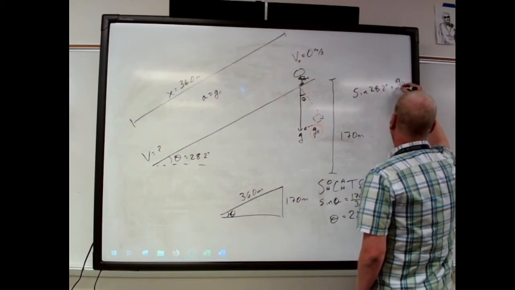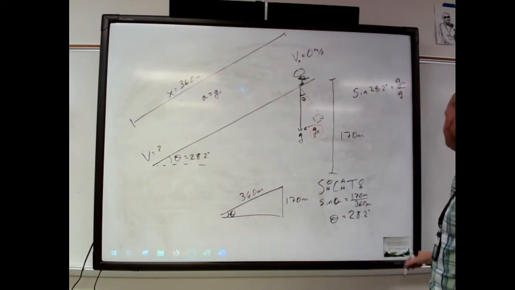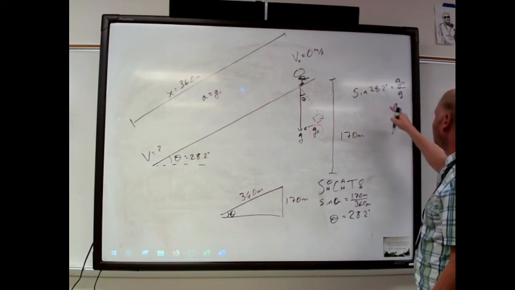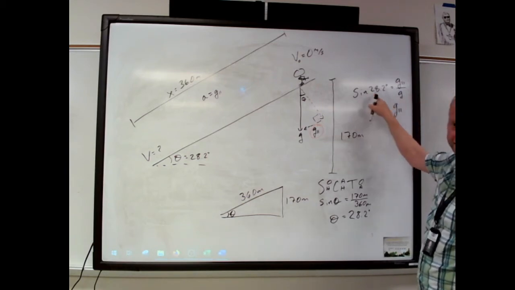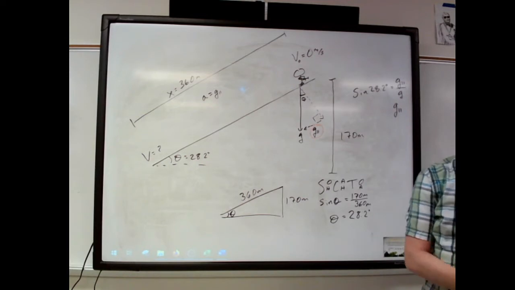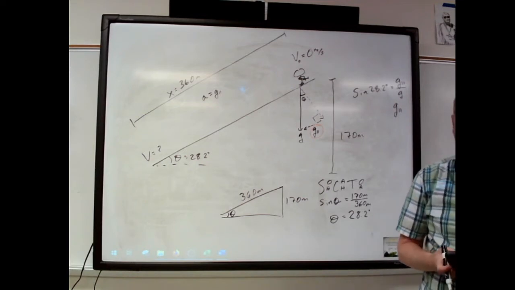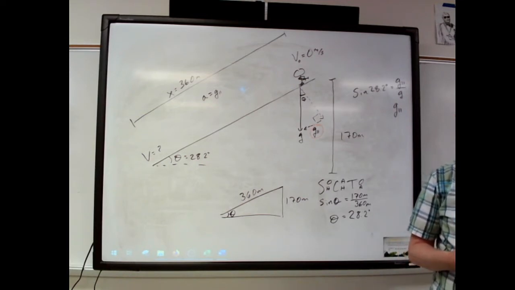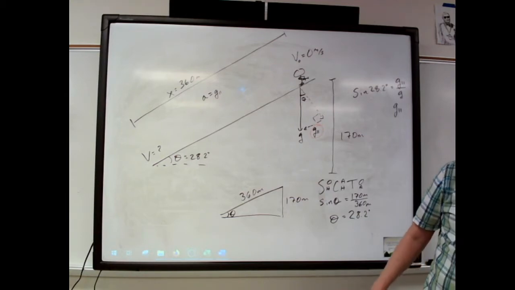So opposite over hypotenuse. So g parallel would be 9.8 times the sine of 28.2. So the sine of 28.2 times 9.8 gives us an acceleration of 4.63.